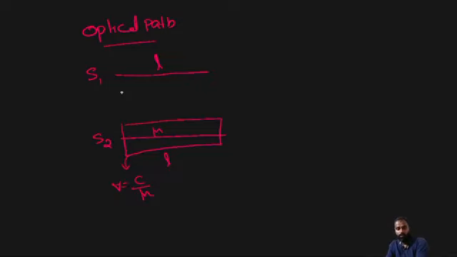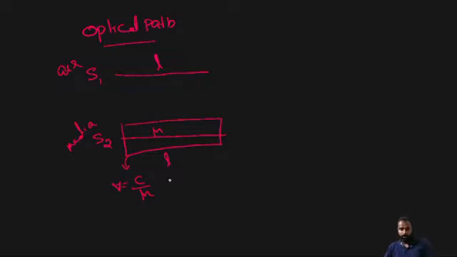Here this is air, this is a medium. So here the velocity will reduce to c by mu, because mu is the refractive index of this medium.